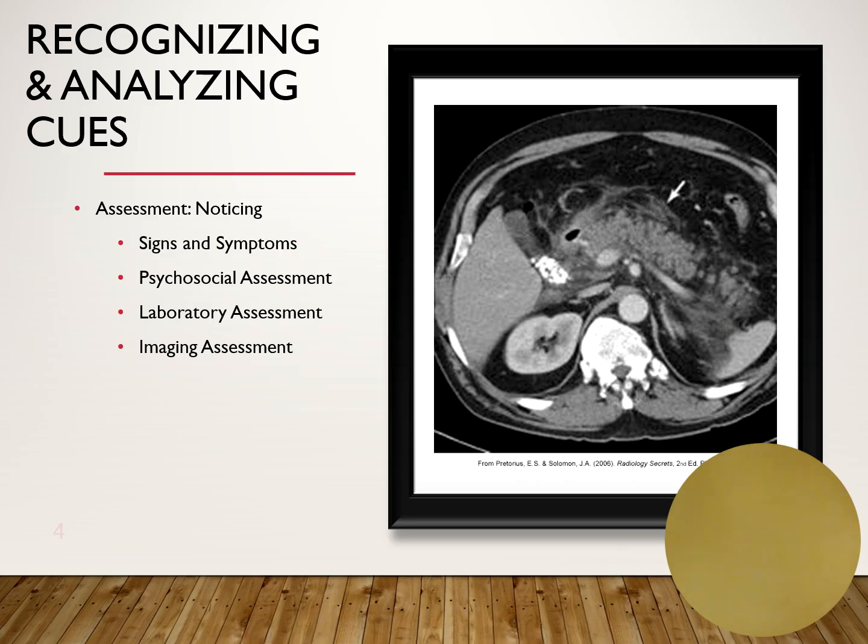The onset is usually sudden, and it will be worse in the supine position. These clients may find relief if they curl up in the fetal position or they sit upright and then lean forward. It's really important for us as nurses to help determine the triggers, such as alcohol intake or a high-fat meal.